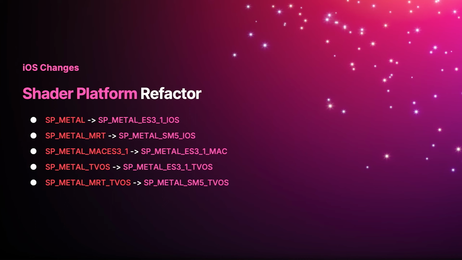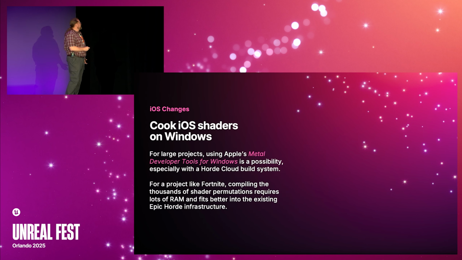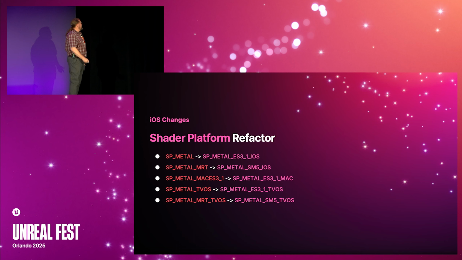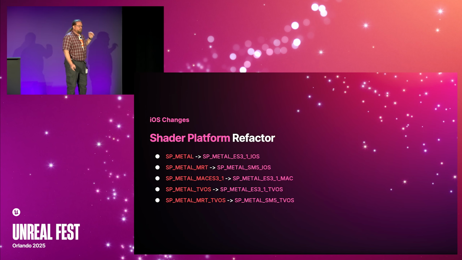Shader platform, we did to enable more features in the future. We did refactor some of the enum names or the defined names. Like for example, let's go back one here. SP_METAL_MRT, well, that's kind of generic. What happens if we have an SM6 in the future? Well, we can't just call it Metal MRT.